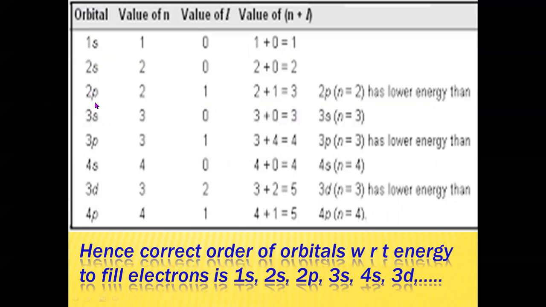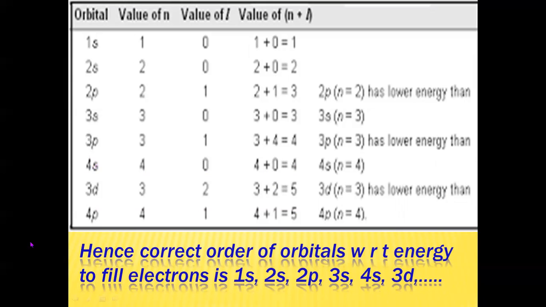But here you see this has a lesser value for n, therefore it is placed first. So in order: 1s, then 2s, then 2p, 3s, like that. 3p, 4s, 3d. So the n plus l value is 4 for these two and 5 for this. Again here the value of n is less, therefore it will come first, then this, like that.